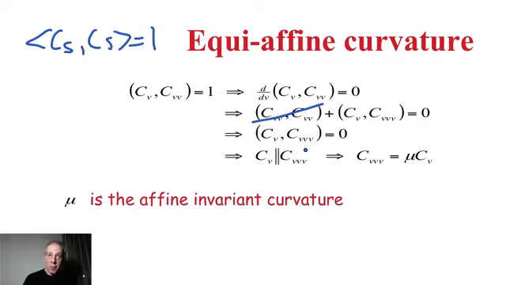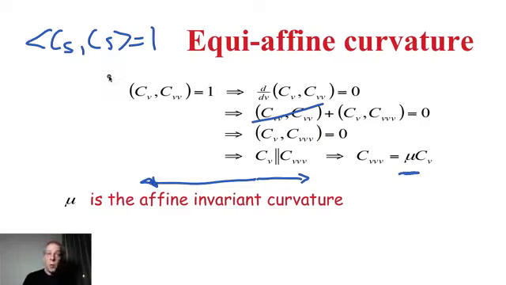Another basic property, again, of linear algebra. So the first and the third derivative, when I'm taking derivatives according to the affine arc length, are parallel. One, for example, goes in this direction. The other goes in this direction. The ratio between them we define as the affine curvature.